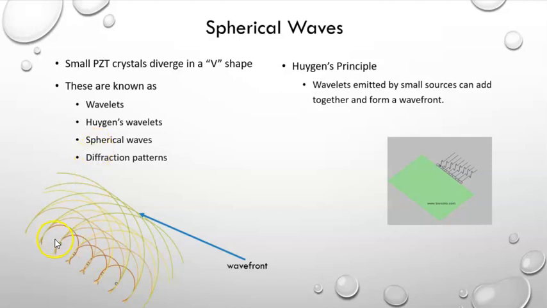These are known as wavelets that are occurring, and they can interact with each other, forming wave fronts. So these are known as wavelets, or Huygens wavelets, or spherical waves, or simply diffraction patterns.